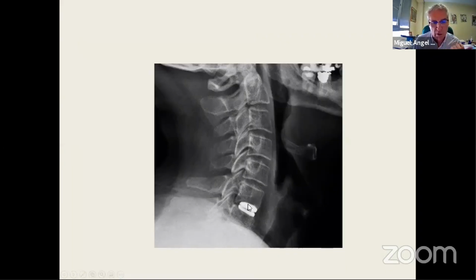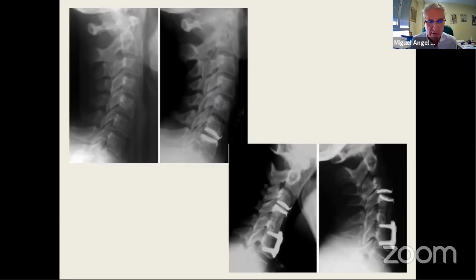So if you do the posterior approach, because the patient has the anatomical and clinical condition for that, you will overcome all the pathology of the hardware related to anterior approaches. Several combinations that are leading to bad results in any way.